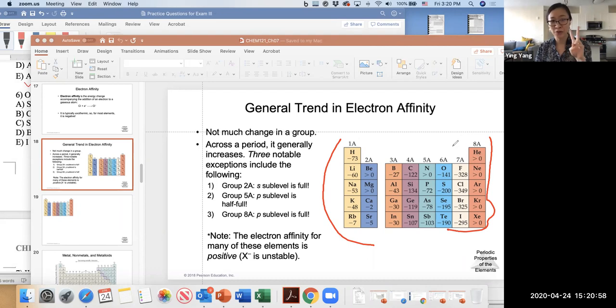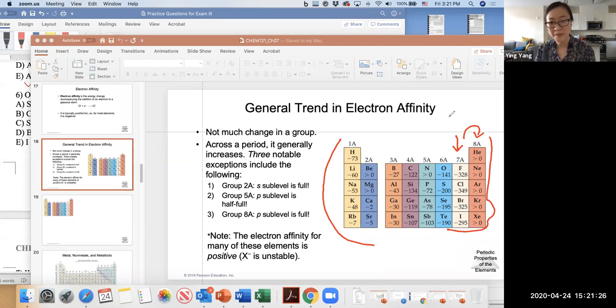Here I'm going to reduce it to only 2 things. One is the halogen group. They have very negative electron affinity. That's because when they gain 1 electron, they're going to have an octet structure the same as the noble gas elements. Therefore, it releases a lot of energy to be in a very energetically stable state.